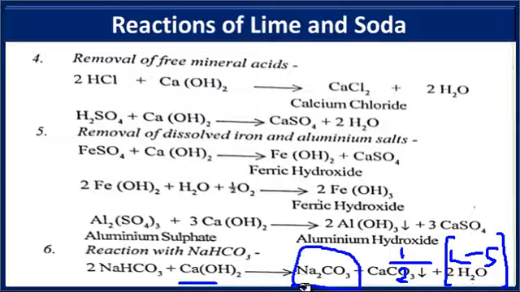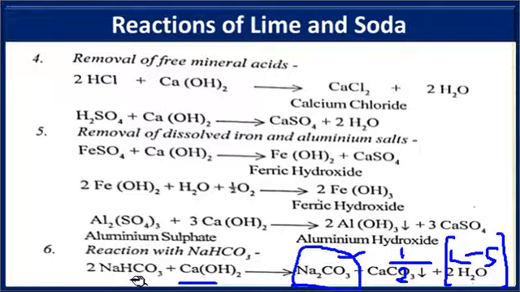Because soda is produced in this reaction, not consumed in this reaction. When soda is produced in this reaction, it compensates the requirement of soda. That means we have to add less soda for completely softening the water, because some soda is generated in this reaction. And why are we putting half here?